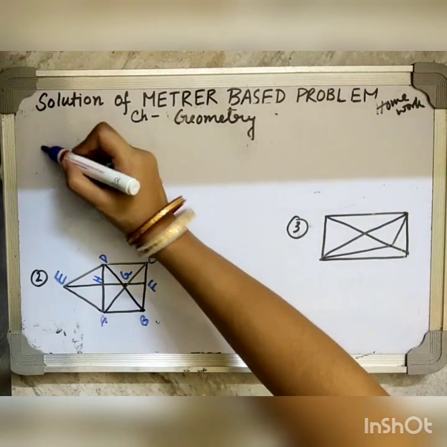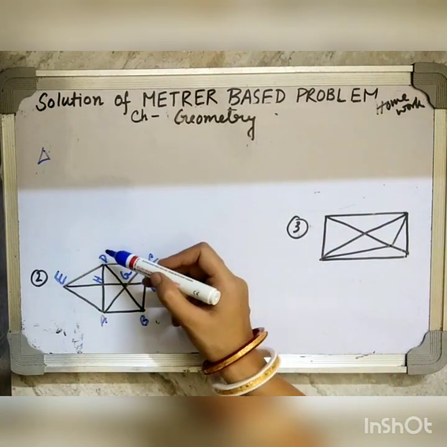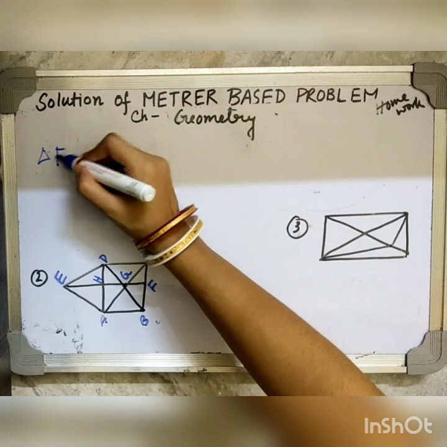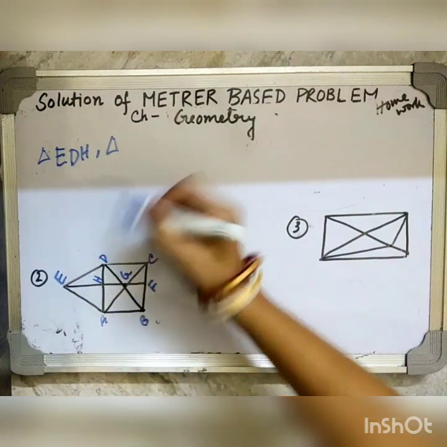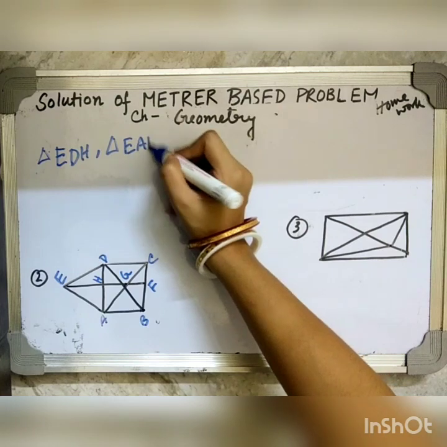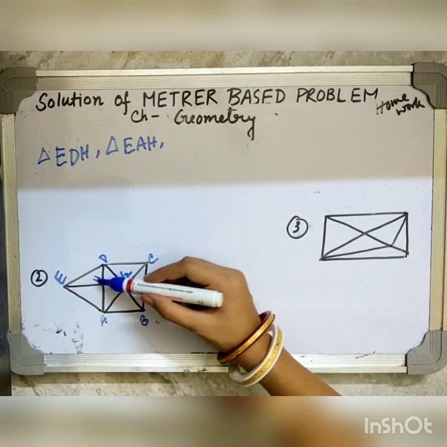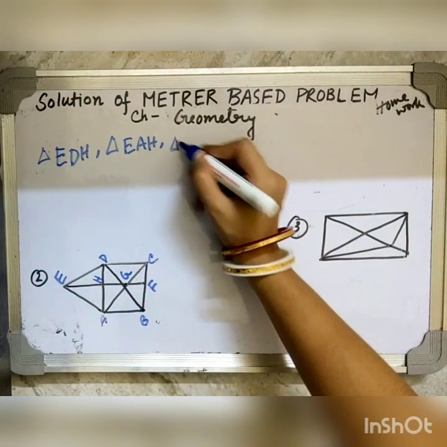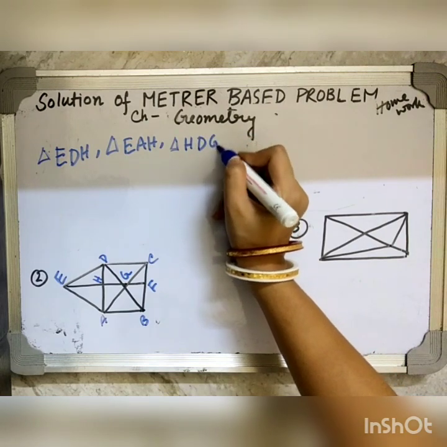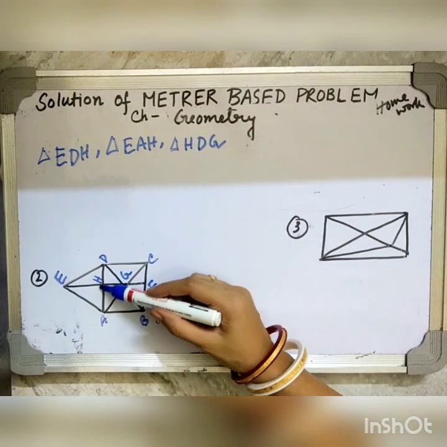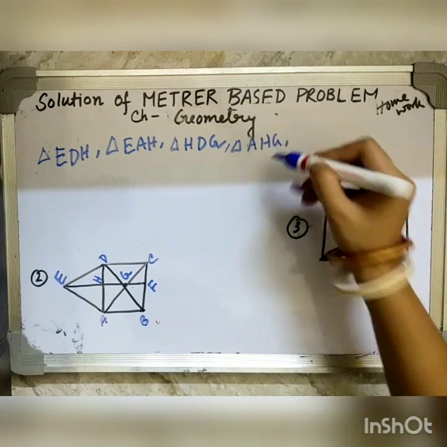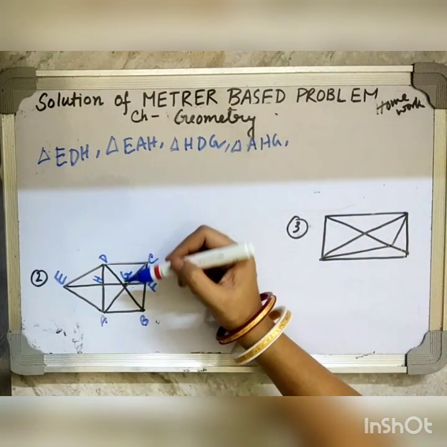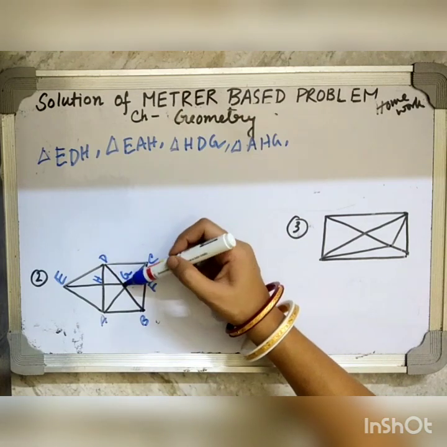Now start writing. Triangle EDH. Triangle EAH. Triangle HDG. Triangle AHG. We are taking the small triangles only.